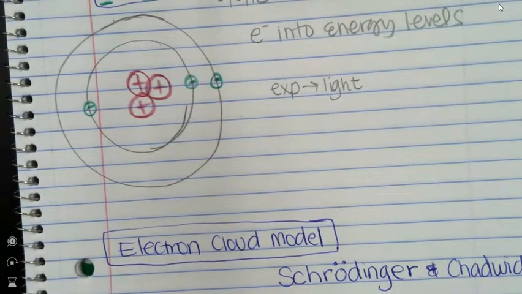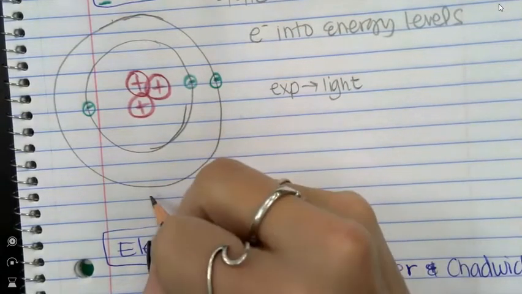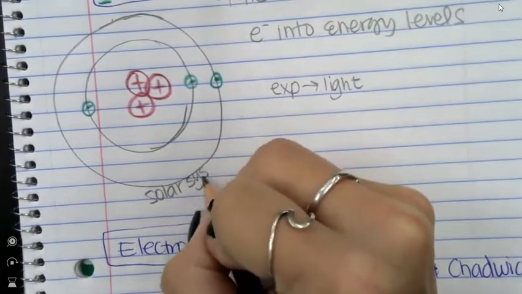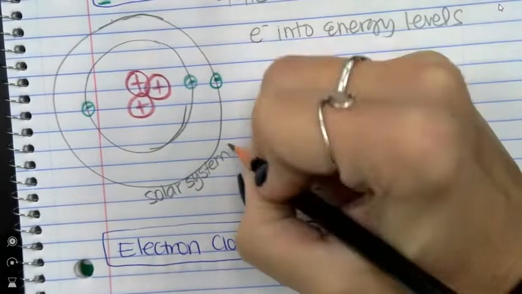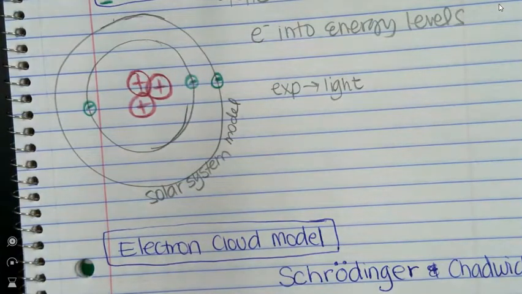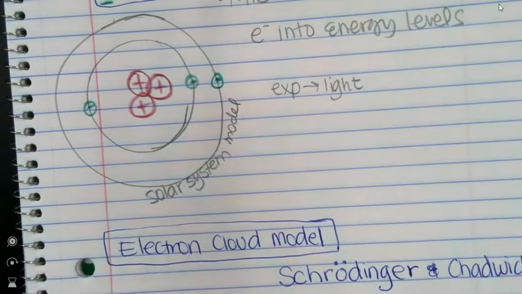That's what he was studying. Why is it glowing like that? And his model is called the solar system model. That's not really official. It's just what they call it, because it looks like planets orbiting. We will actually draw Bohr models because the next one is really messy and it's hard to draw.